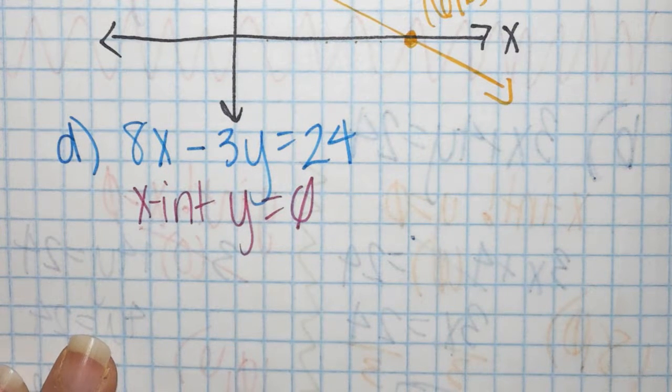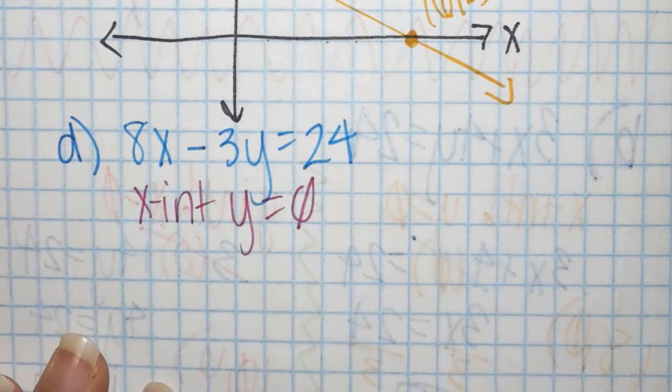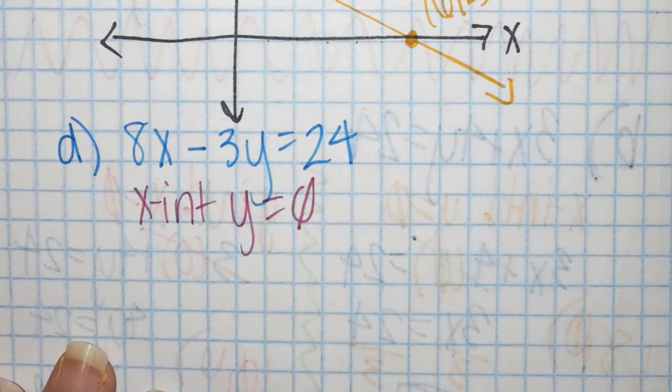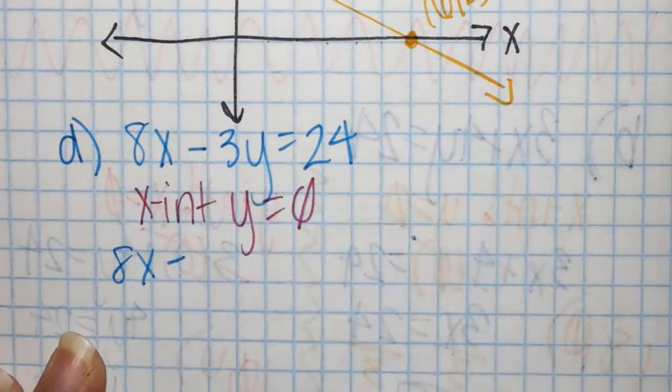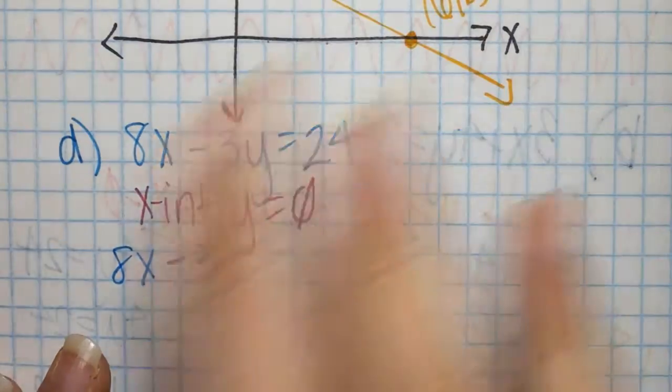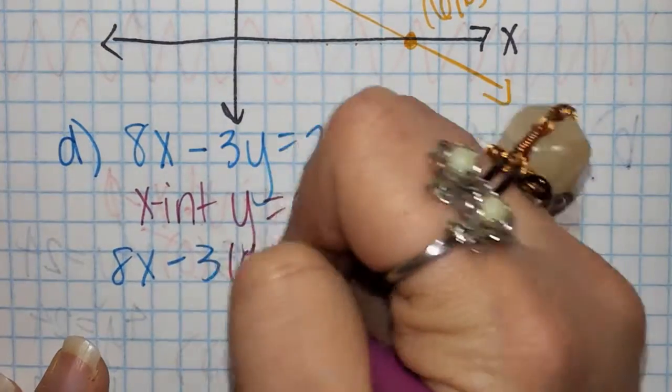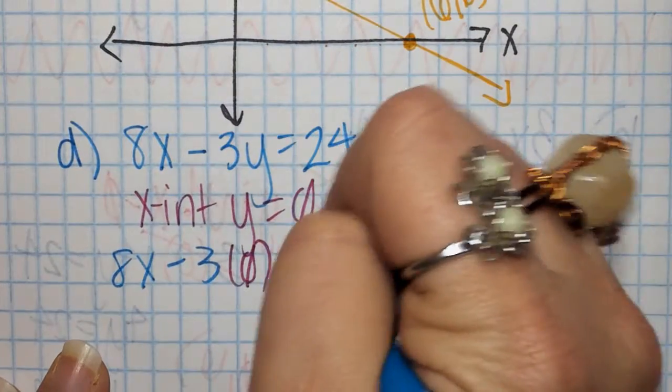So can someone please help me write my equation? Okay, so 8x minus 3 times 0 equals 24. En español, por favor.